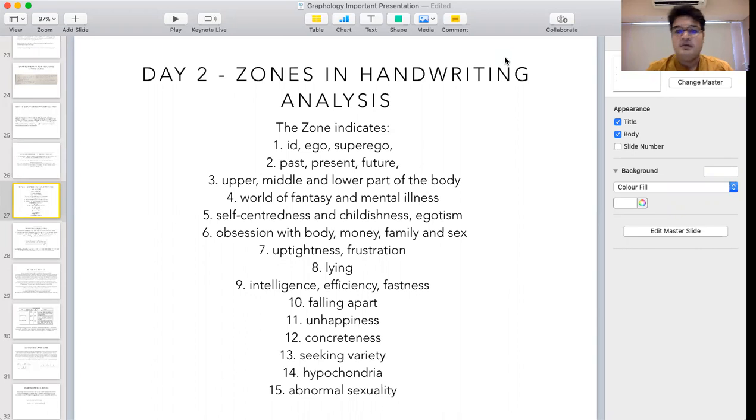So today we will learn about the zones in handwriting analysis. Now, as you can see, the zone indicates a couple of things.